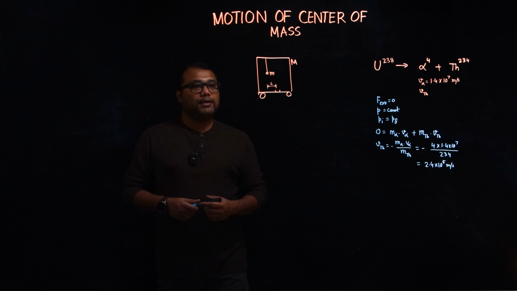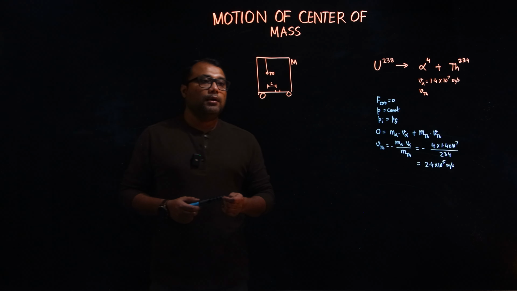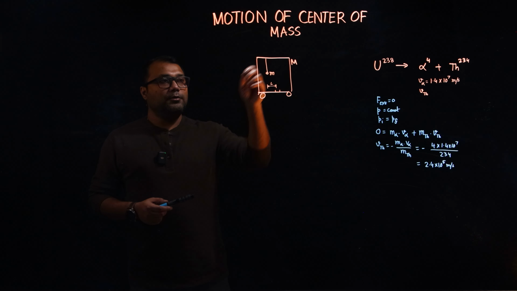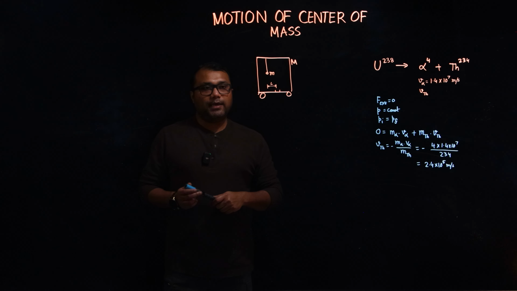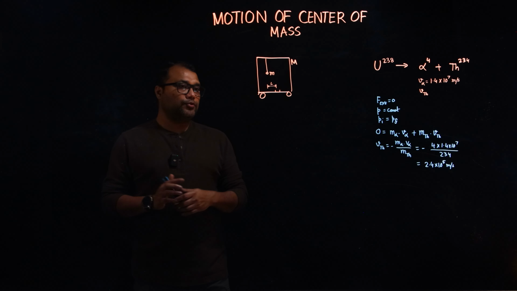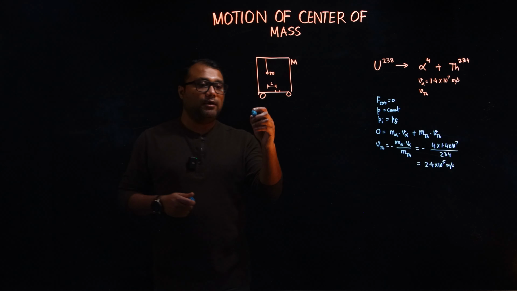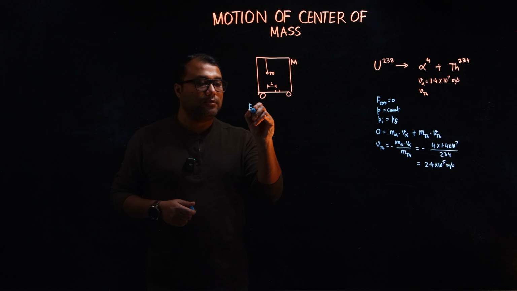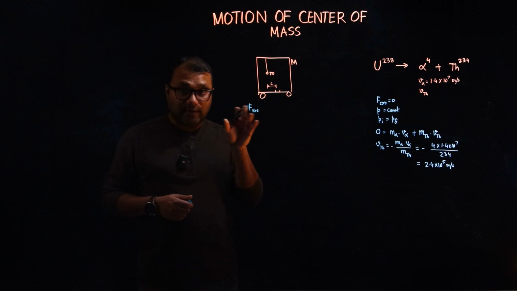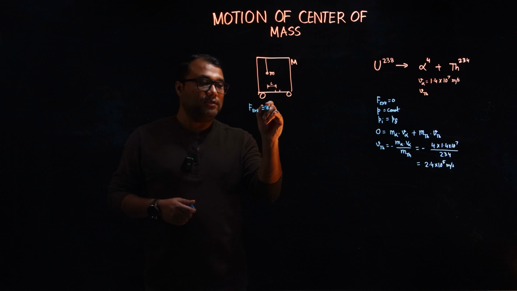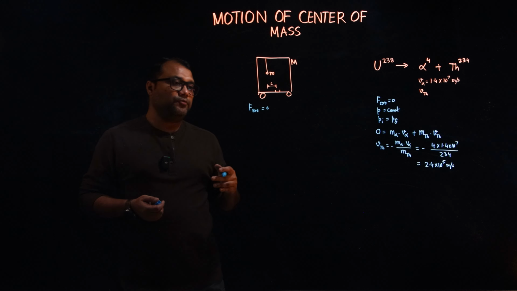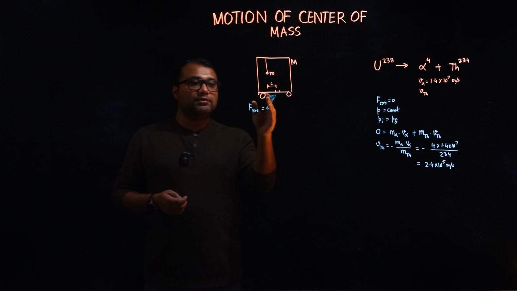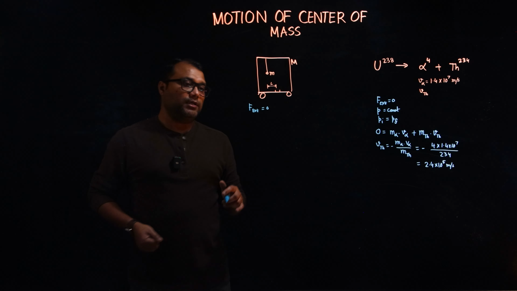Initially the cart is at rest. When the string breaks, again there is no external force here, so it's the same condition. F external in the x direction is 0. There is some external force in the y direction, but we don't care about y because the movement will happen in the x direction.